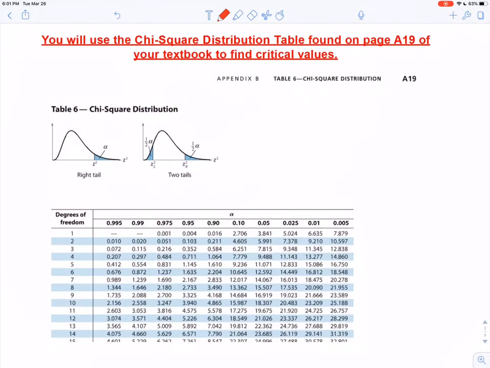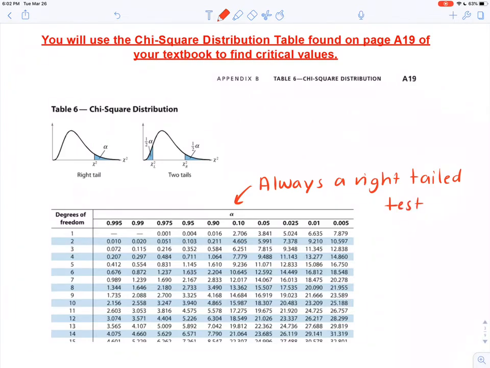Now, as far as rejection region and critical value, this will actually be done using a chi-square distribution, and this is another distribution that we have seen before. When you run the Kruskal-Wallis test, you will always run it as a right-tailed test, and we'll talk about why a little bit later.